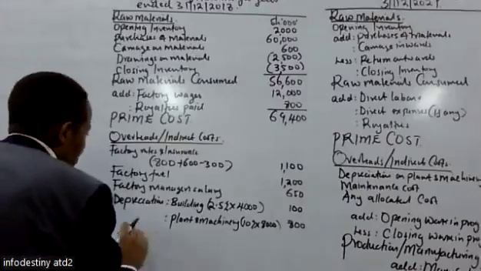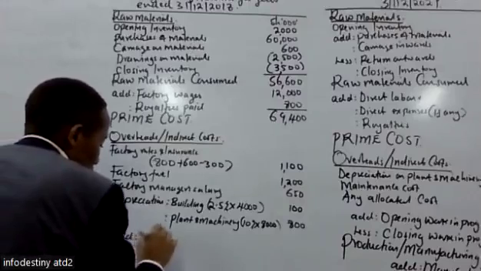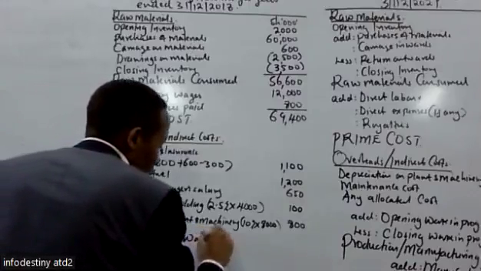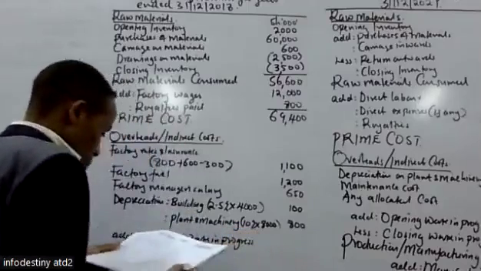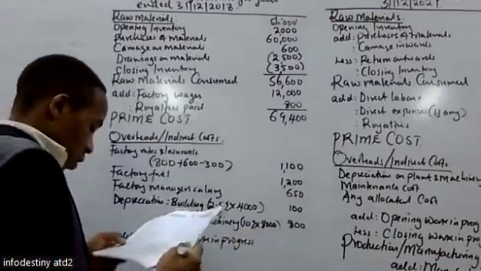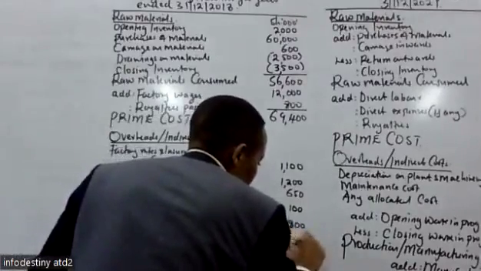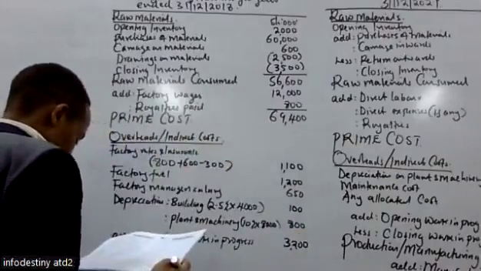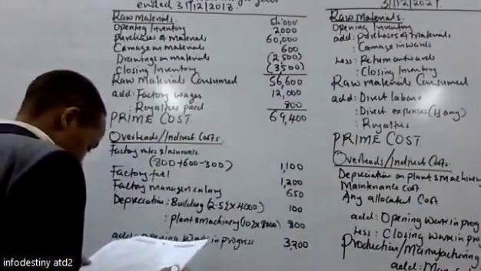So from there we add the opening work in progress, which is the opening inventory of work in progress. We have it as 200. It is the third item in the trial balance, where we have the inventories.